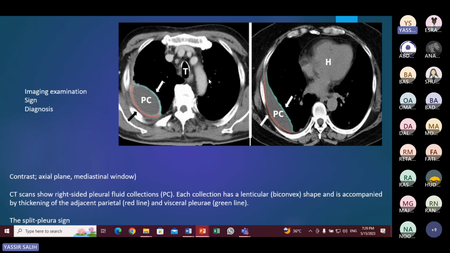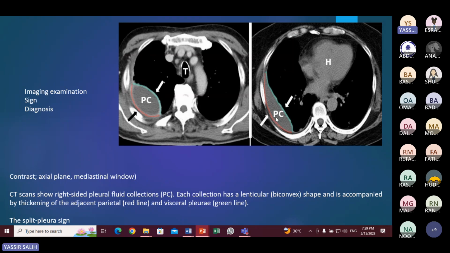What sign is demonstrated in this image, indicated and demarcated by the arrows?